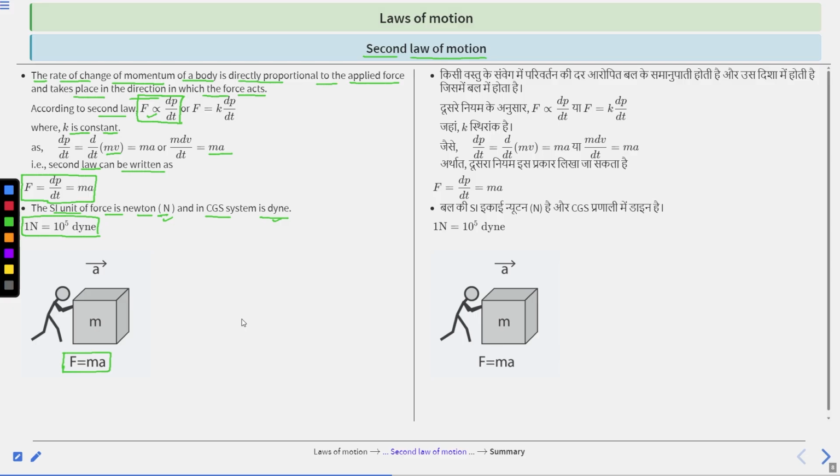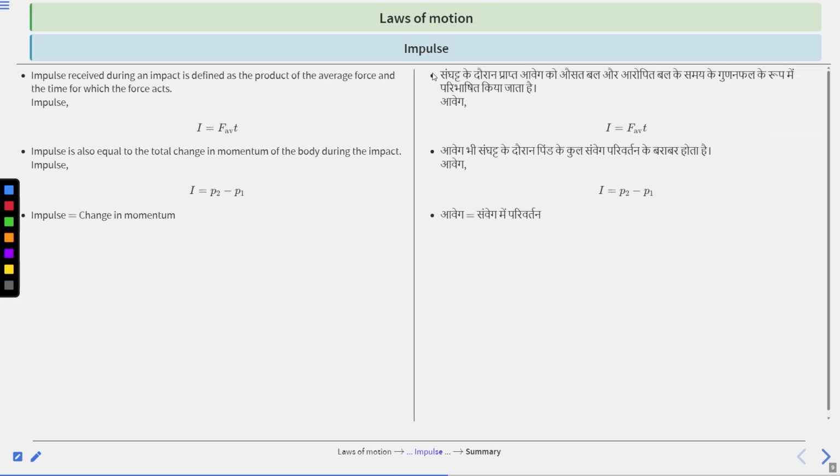Next is impulse. Impulse received by an object is defined as the product of the average force and the time for which the force acts. Mathematically, I equal to F average multiplied by t.